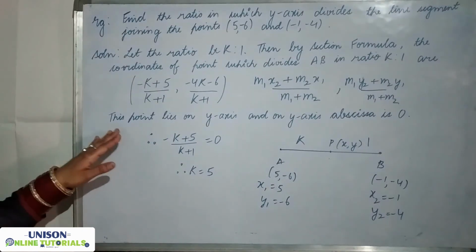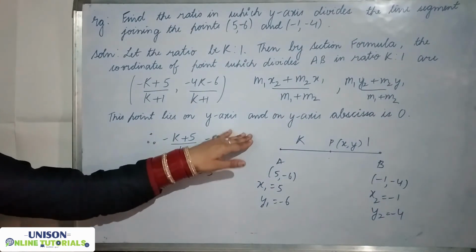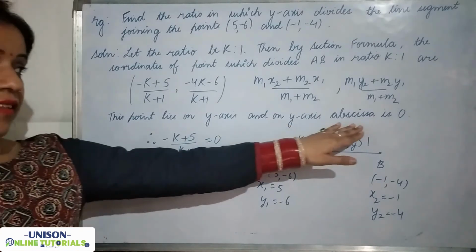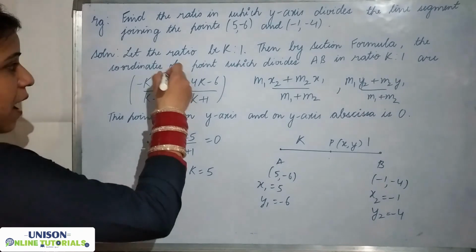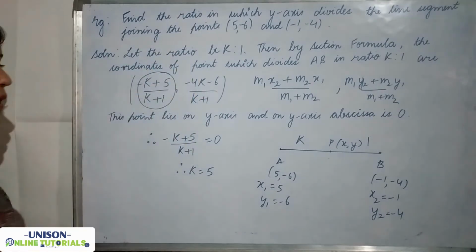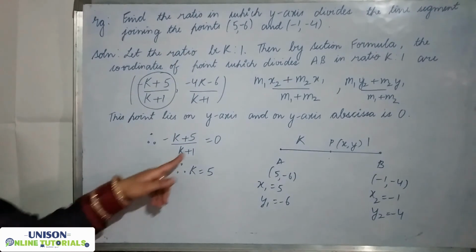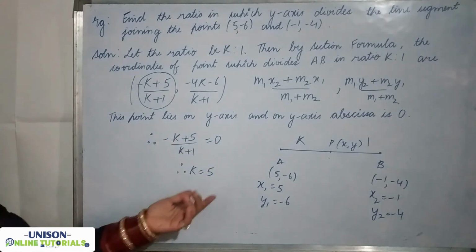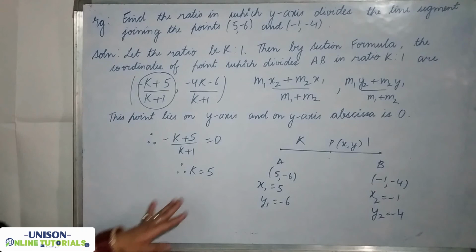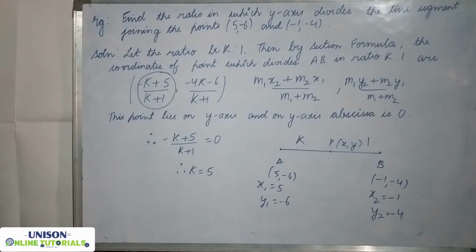If the point lies on the y-axis, we know that on the y-axis the abscissa equals 0, so the x-coordinate becomes 0. So (minus k plus 5) by (k plus 1) equals 0, and using this we get the value of k. So here k equals 5.